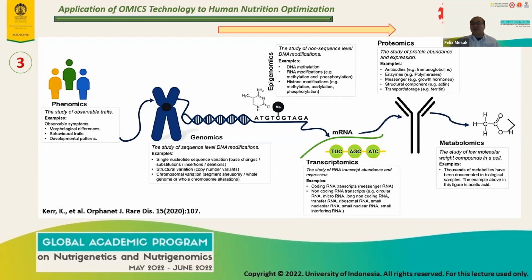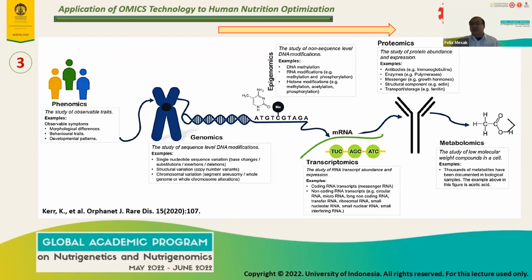And obviously the expression would need an understanding of the protein level. So proteomics, the study of protein abundance and expression. So the examples here are antibodies such as immunoglobulins, enzymes such as polymerases, messenger proteins such as growth hormones, structural proteins such as actin, and transport or storage protein such as ferritin.